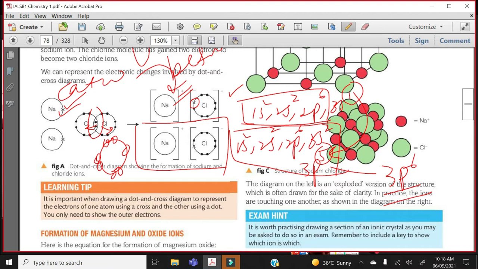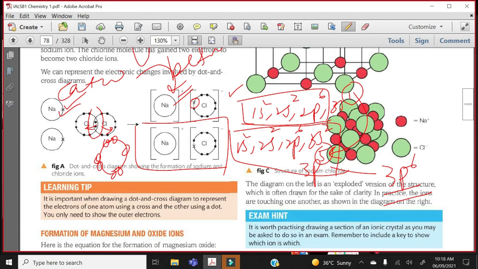One is cation now, the other is anion now. This is called an ionic bond. Metals and non-metals, loss and gain of electrons, strong electrostatic force of attraction between the oppositely charged ions. Are we clear?